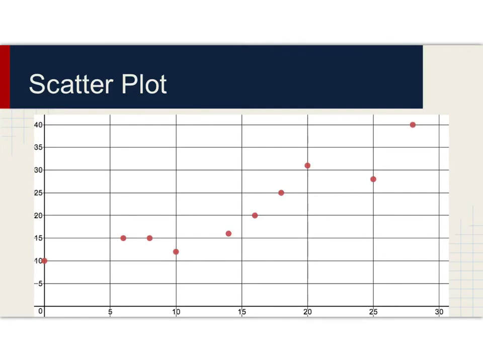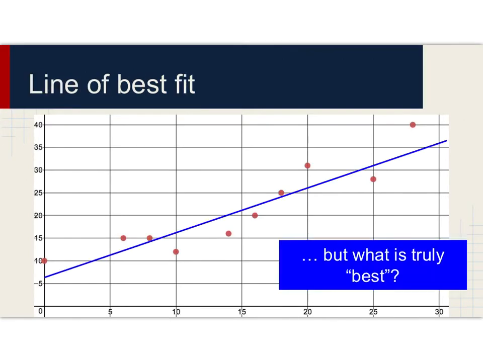However, to answer the general manager's question about how many cars we should expect to sell at 12 TV ads per week, it would be nice if we had a function to work with. And we can draw in a line of best fit. And if we trust that this is the best possible line to model the sales off of the advertisements, then we can just go with this.